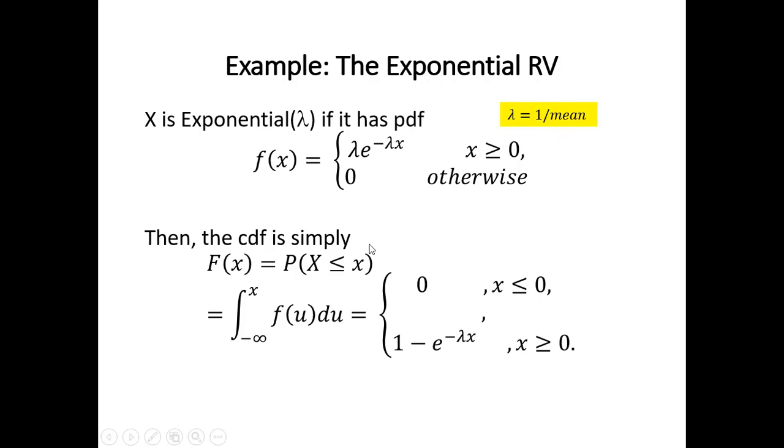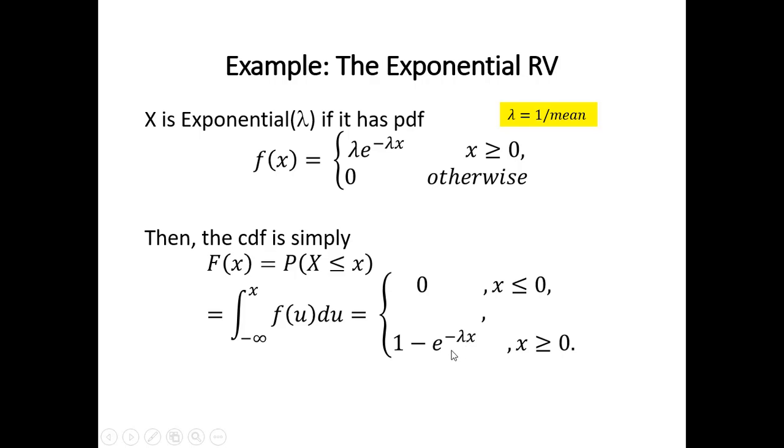But what I want to really focus on here is that for the exponential random variable, the CDF, which is defined as the probability that the random variable X is less than or equal to x, we could get it by finding this integral. We would integrate a function like this, and when we put in the appropriate limits and work them out, we just get 1 minus e to the minus lambda x.